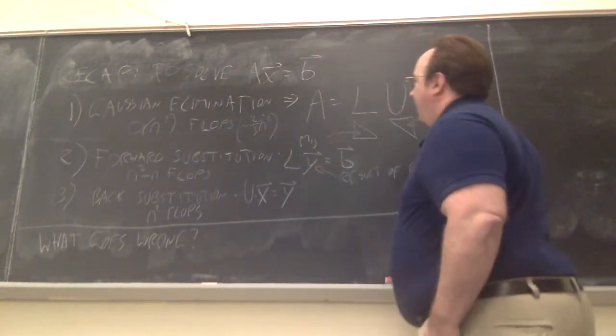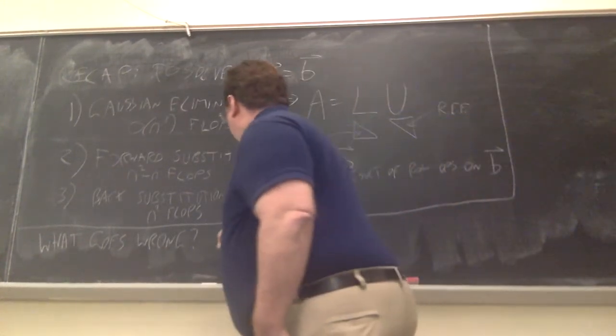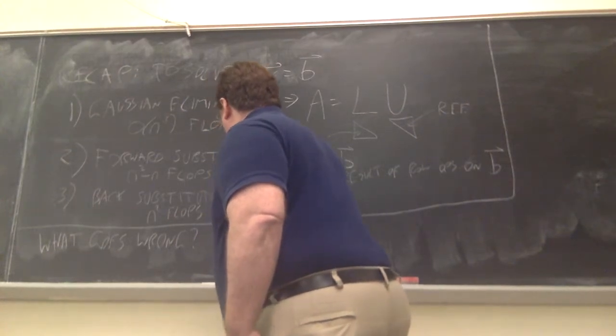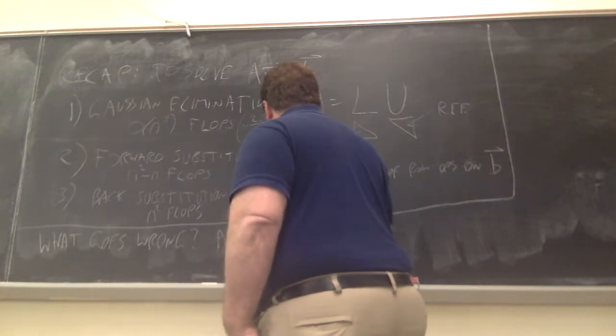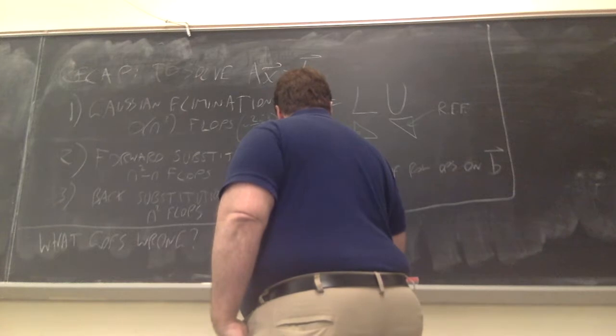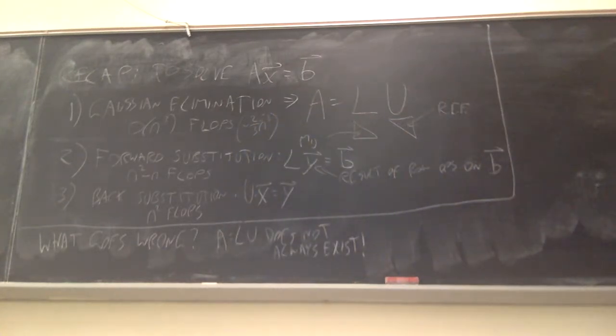It turns out that here we're relying on the matrix A having this LU decomposition, but this decomposition does not always exist. Okay. So in fact, I do have an example in the book, but I could also just make one up. An example of a small, simple matrix for which the LU decomposition doesn't exist.